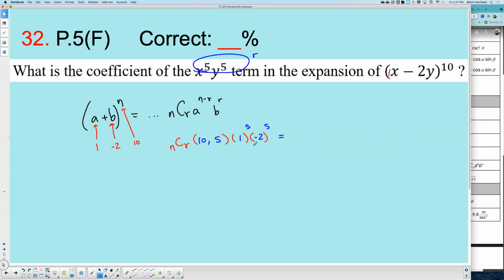All right, 5, 4, 3, 2, and 1. -8064. 8064. This one says only coefficient, so that would be the answer right there. They only want the coefficient, they don't want the term, so it would just be the numerical value, not the x to the fifth, y to the fifth.